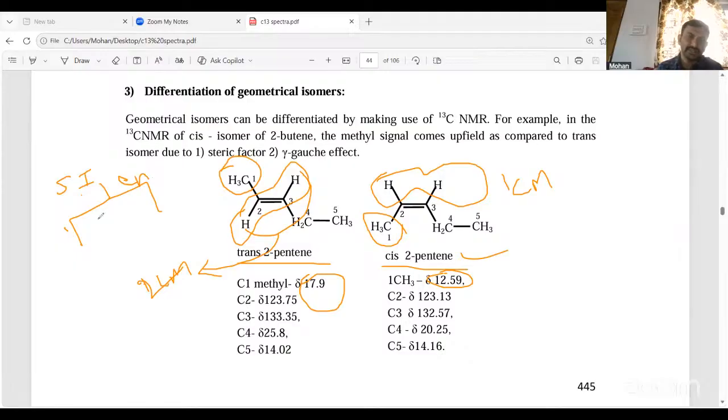So based on the energy criteria, you can classify them: one is the configurational isomers, and another one is the conformational isomers. Configurational and conformational. So what is the difference between these?